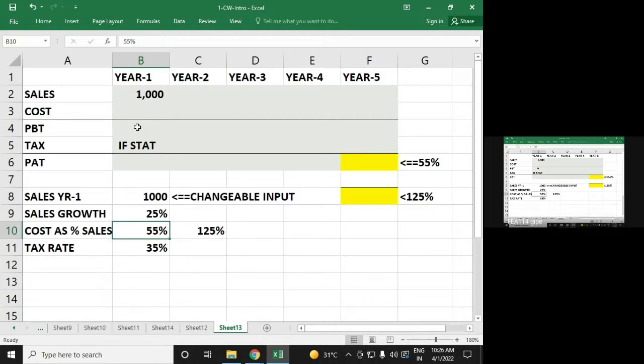What is the profit for year 5? Yes. Online students, any answers? Year 5 profit in scenario 1 and scenario 2. Scenario 1 is 55%. Cost is 55% of sales. In scenario 2 the cost is 125% of sales.